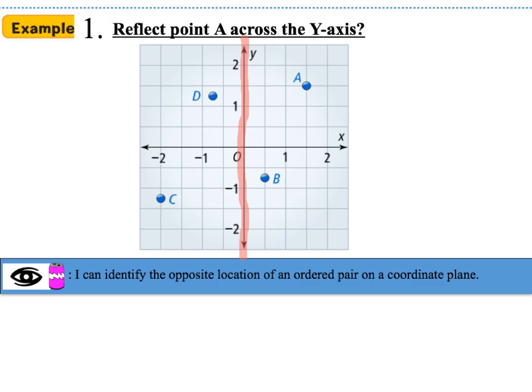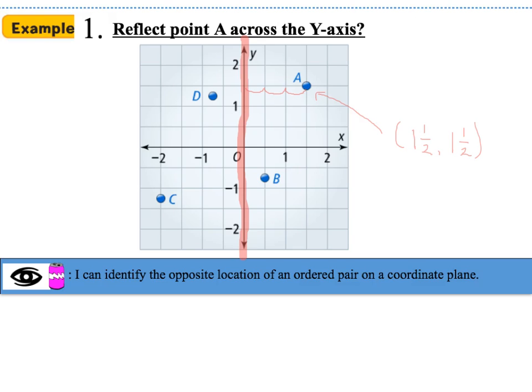Now the ordered pair for letter A would be 1 and 1/2, comma 1 and 1/2. So I want to know what the reflection point is across the y-axis. I know that point A is about 3 units away from the y-axis.